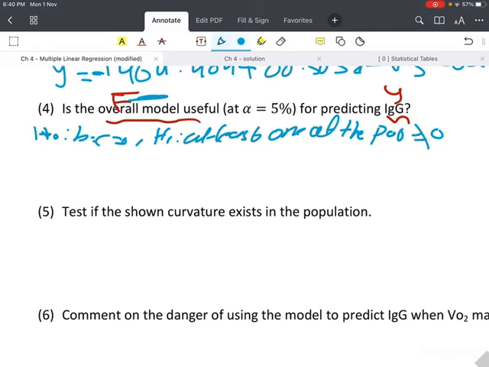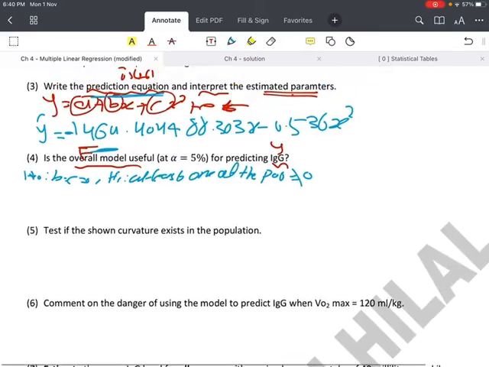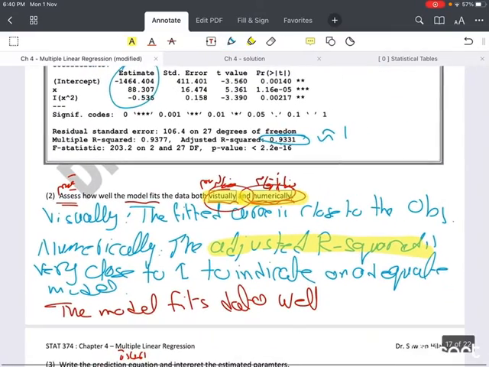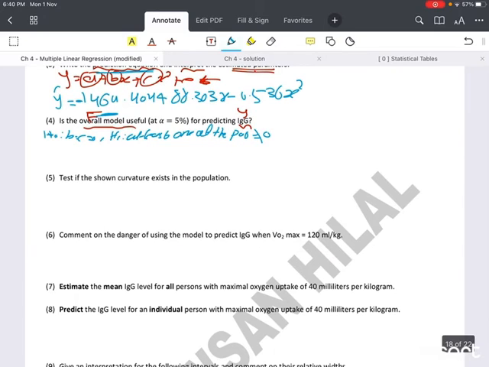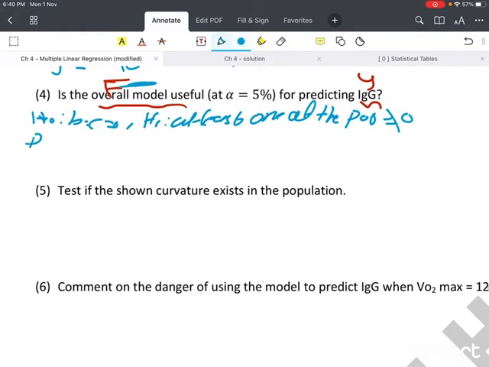We will use the F test. I will use the P value for the F test to test the model. So I will use this value, so you return back here. The P value is very small.